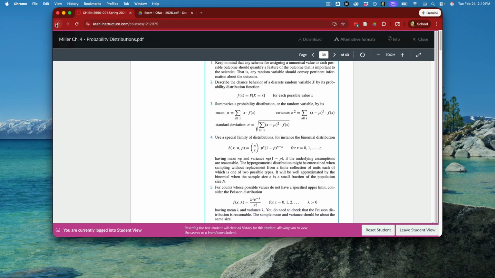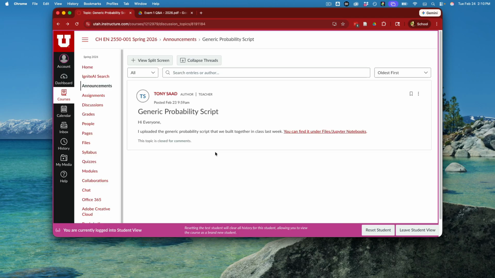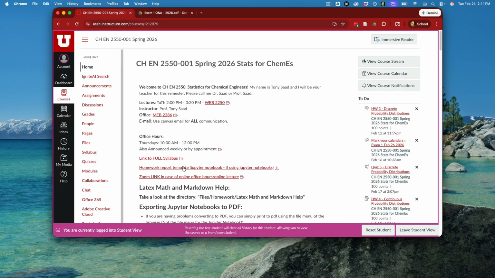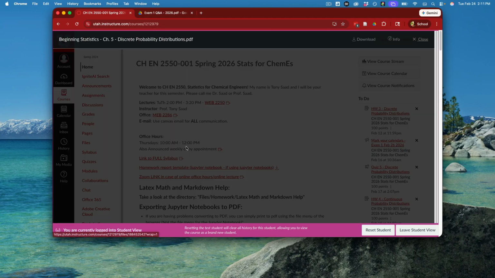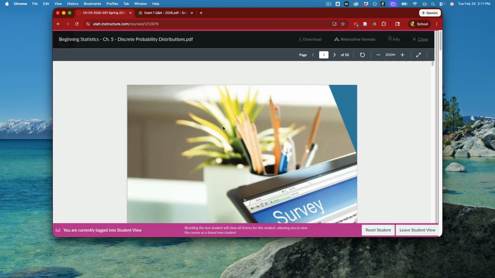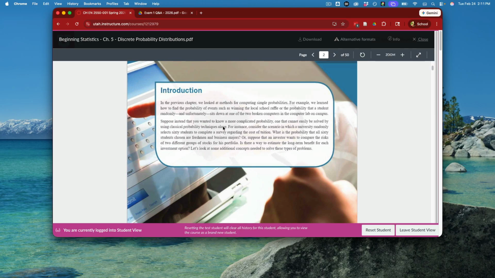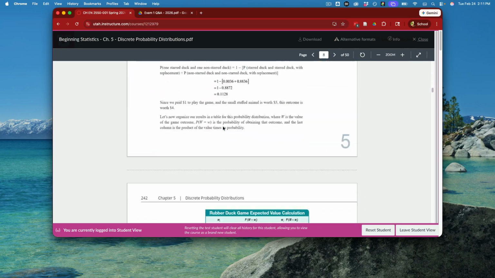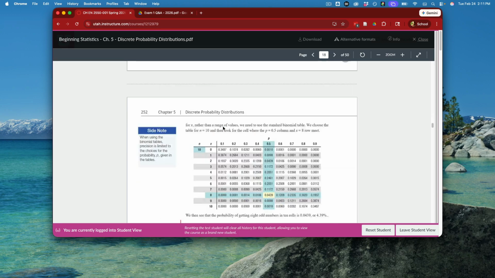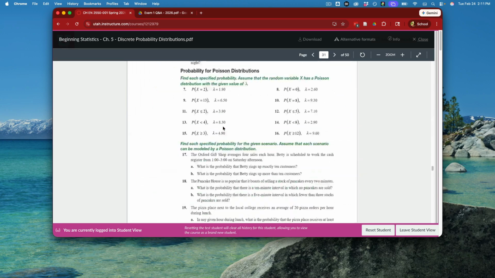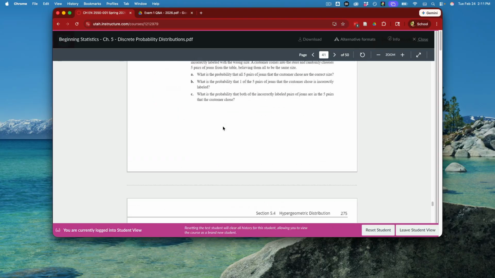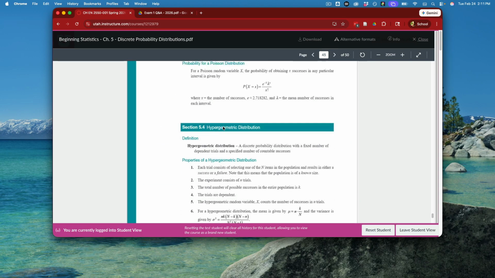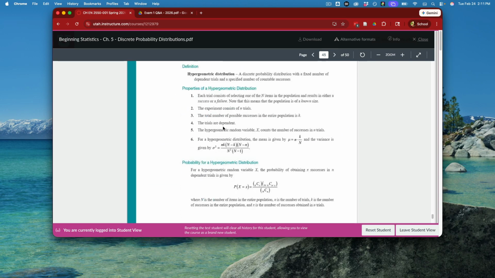And if you go to the other one, Beginning Statistics, if you go to Chapter 5, discrete distributions. This is not as high resolution as the other one because I scanned it. But if you go to the end, it is a little more elementary in its discussions, but still fairly useful.